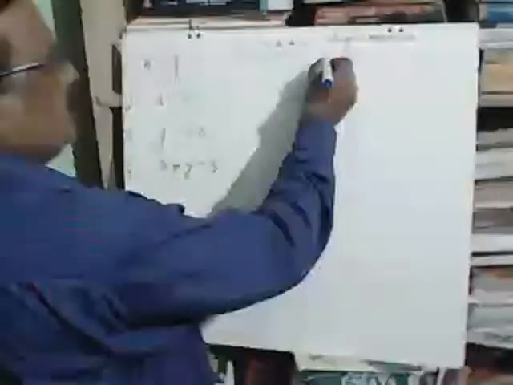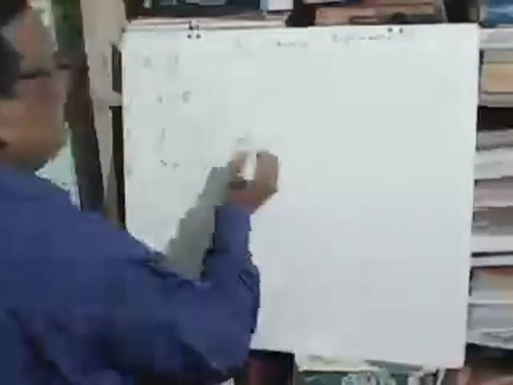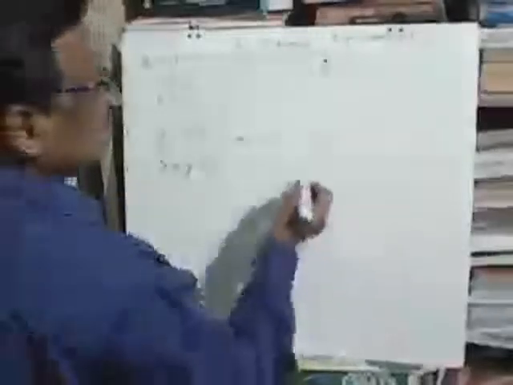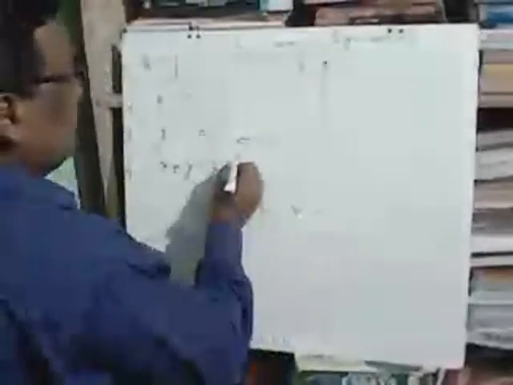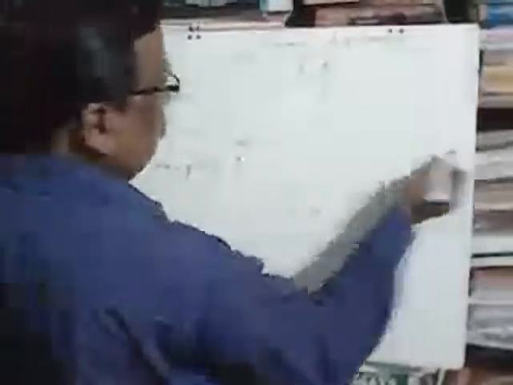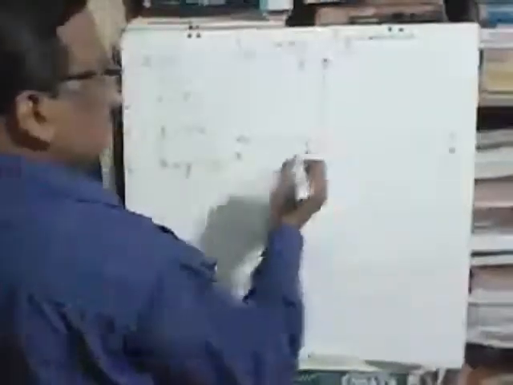These are the equations to draw the graph. First, this is your x-axis, the horizontal line, and this is your y-axis. This is your x dash, and y dash.